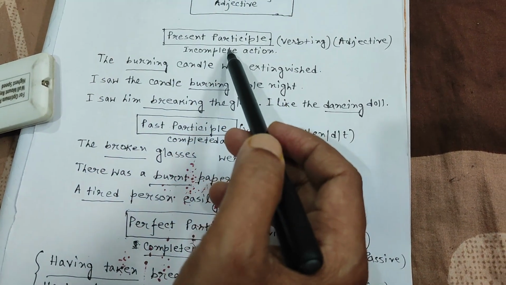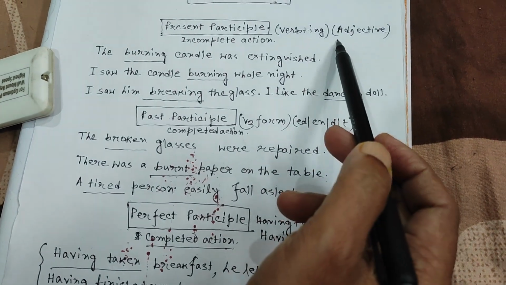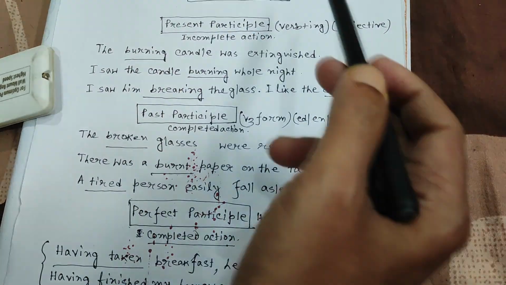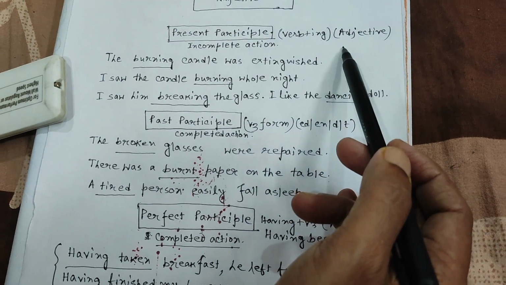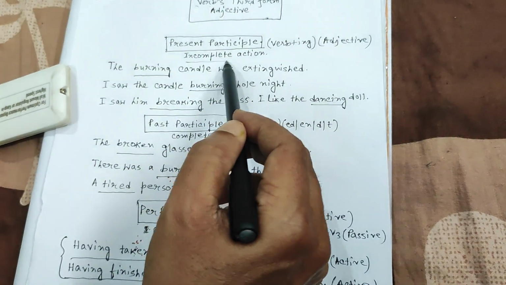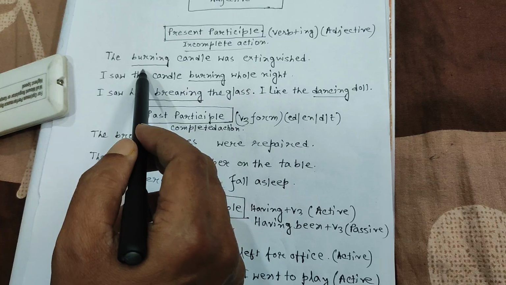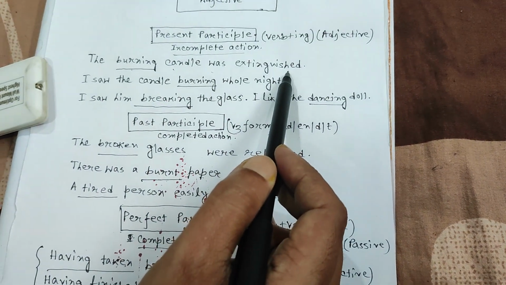Present participle. First of all, present participle, verb plus ing, doing the work of adjective. All participles actually do the work of adjective and nothing else. So present participle is also no exception to it. It refers to incomplete action. Suppose: the burning candle was extinguished.